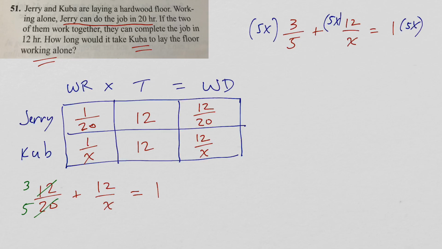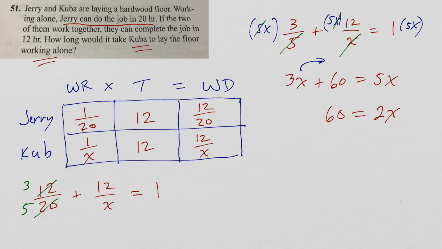And I'm going to cancel. 5 goes into 5 once. So here I get 3x. Plus, here we cancel x and x. 5 times 12 is 60. Equals 5x. So now I'll subtract 3x from each side to bring the x over to the right. 5x minus 3x is 2x.